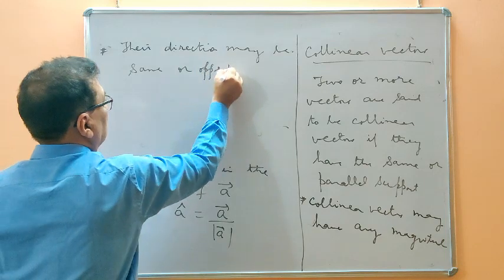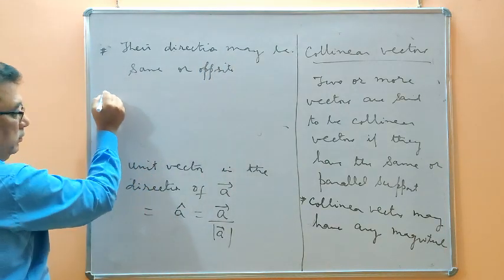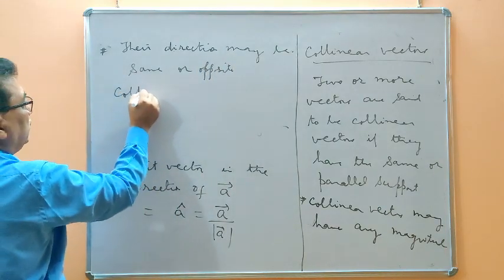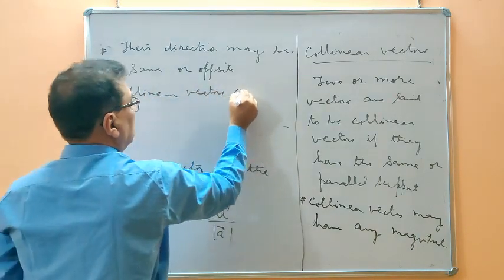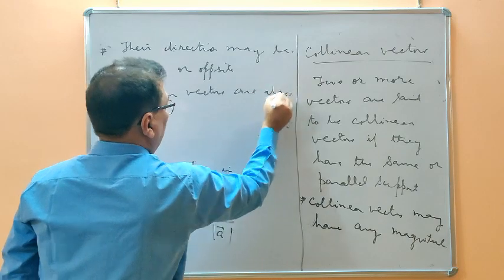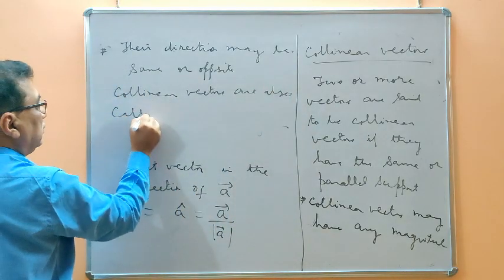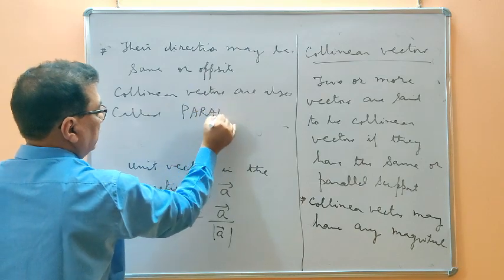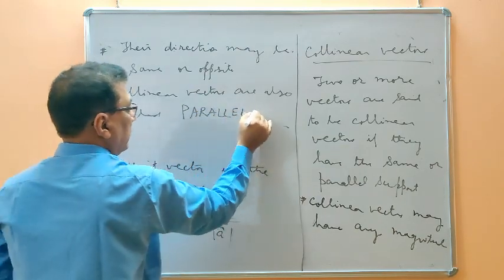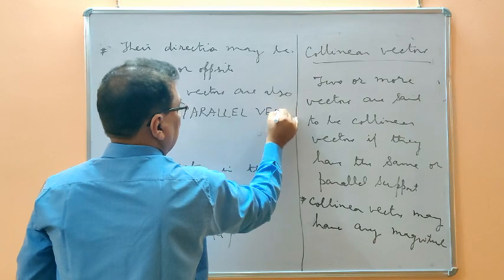Okay. Collinear vectors are also called parallel vectors. Okay.